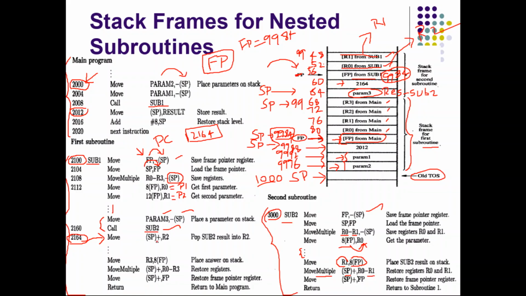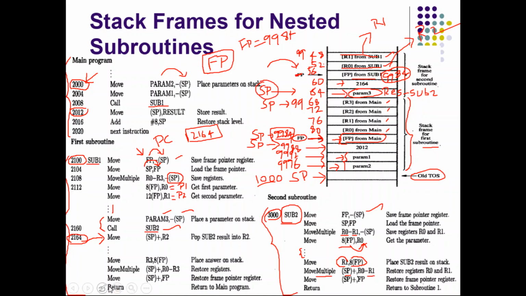It is storing the result. See the result of subroutine 2. Where have we stored it? We have stored it in this location, wherever currently SP is pointing, if you recall.